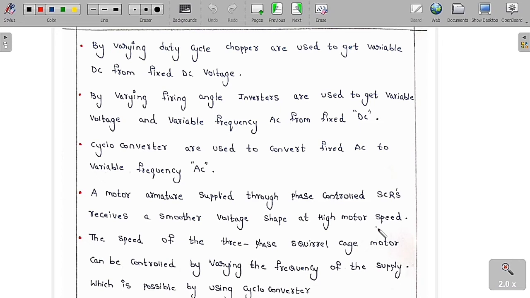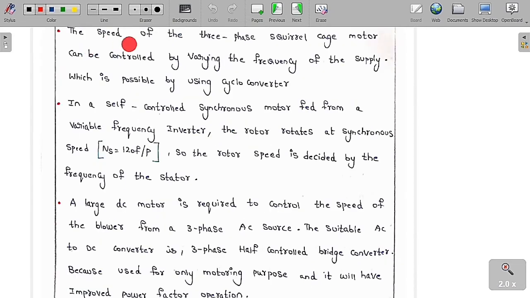This shape will be very smooth at very high speed operations. So at very high speed, whatever DC voltage is obtained through phase control SCRs is very smooth in shape for this motor.